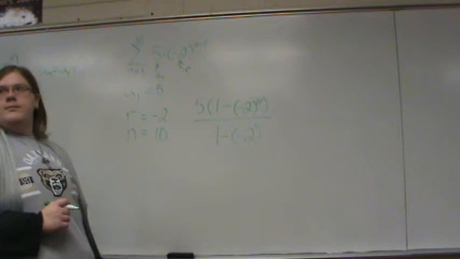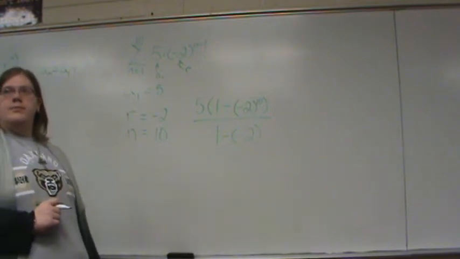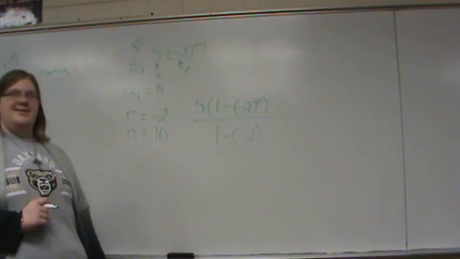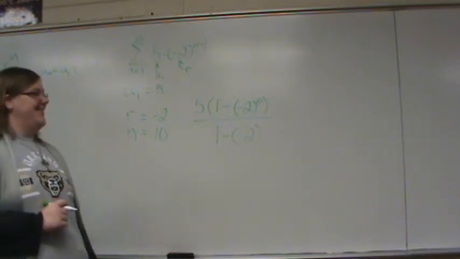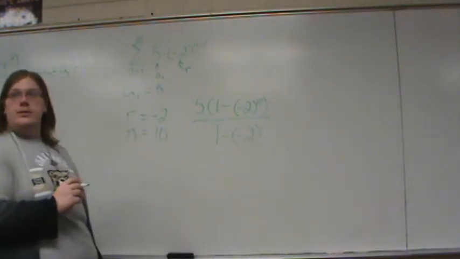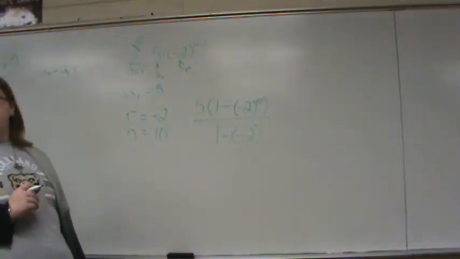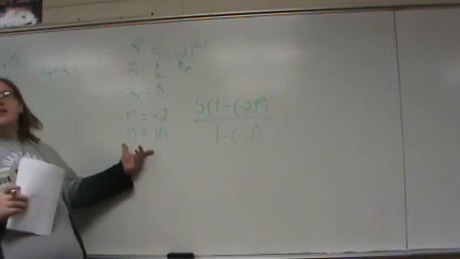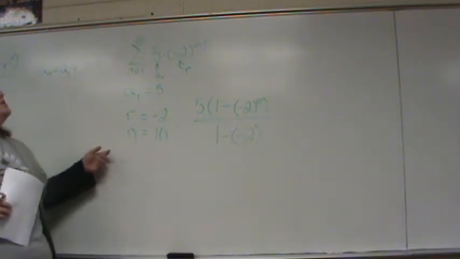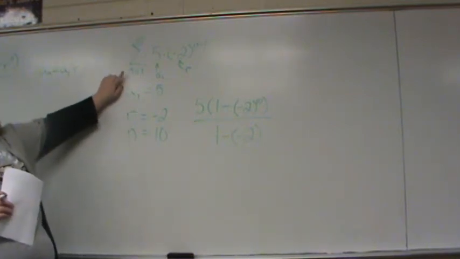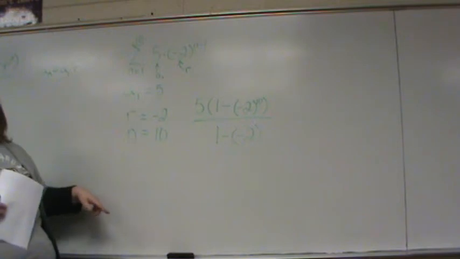I got negative 1,705. Oh, okay, so you're talking about finding that n value? Yeah. We took the top minus the bottom, and then we added 1.